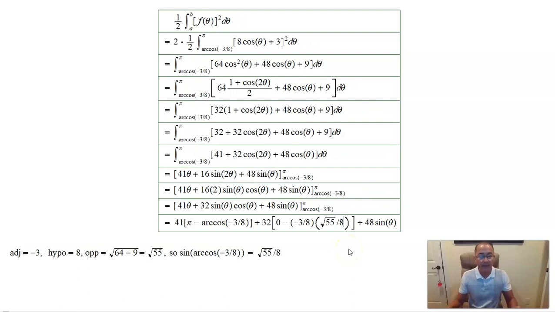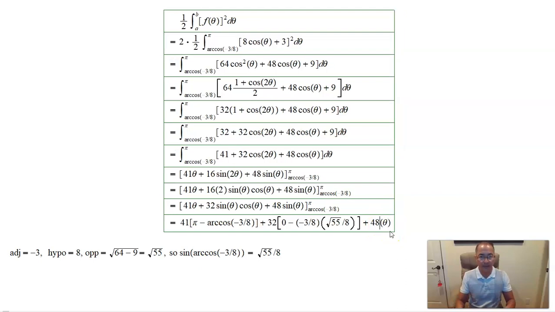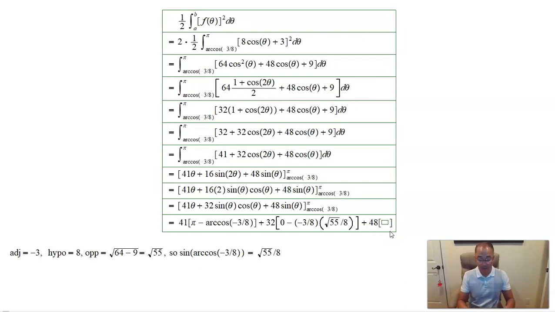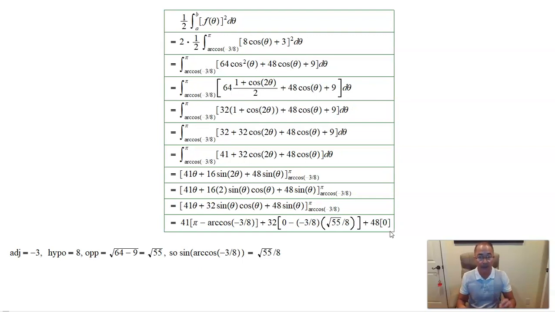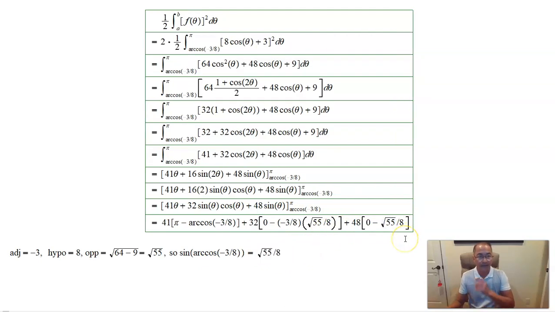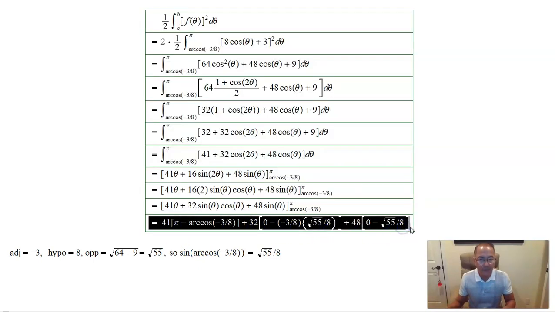Interesting. Okay, and how about for 48 sine theta? At pi, sine of pi is 0. And then at the lower limit, we know the sine is square root of 55/8. Yes. Okay. Very nice. There is nothing we can do about the first term.